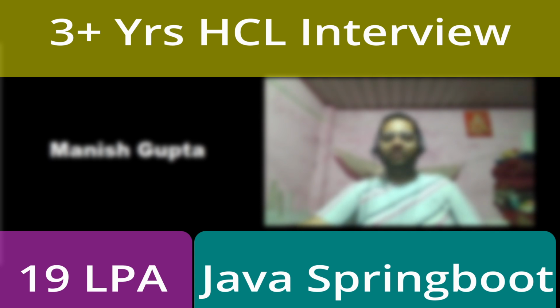Spring Boot Actuator includes various endpoints that expose operational information about the running application. For example, health, and then they have metrics, info, environment. Metrics exposes metrics like memory usage, CPU usage, and request counts.